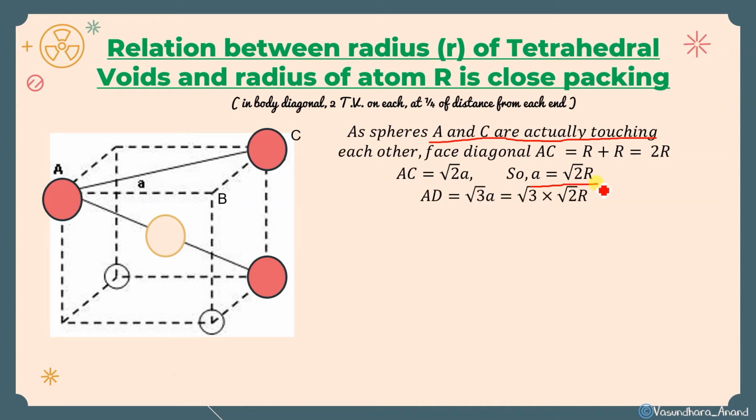Now AD, we will consider the AD. Where is this AD? I have not mentioned it here. Okay, in this case, this is AD, here it is. This is also a right angle triangle.